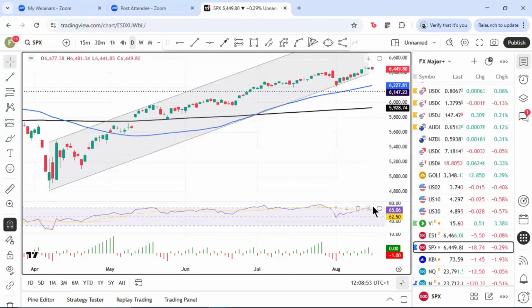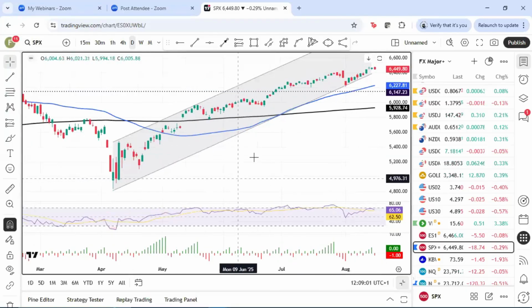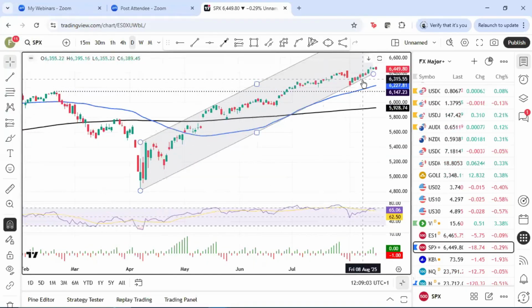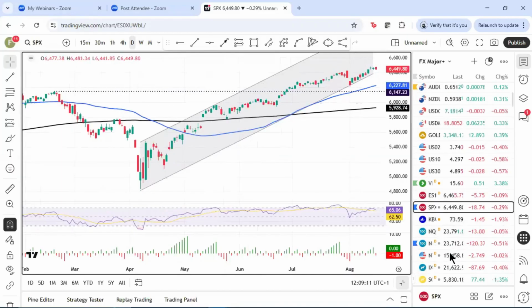You could just see a turn down in the RSI, so that's bullish momentum after that down day on Friday. And we are sort of just at the bottom of this ascending bull channel, really, that you can see. We've traded up and along for the last few sessions, really, since that low at the start of August.